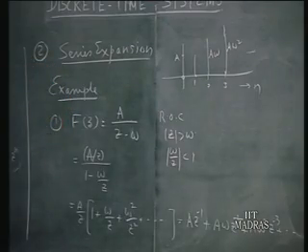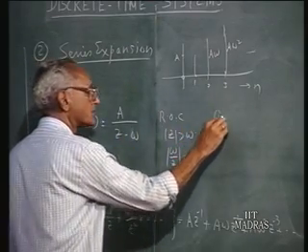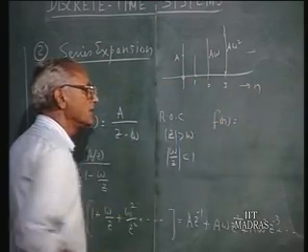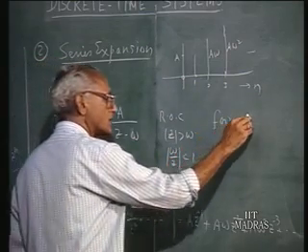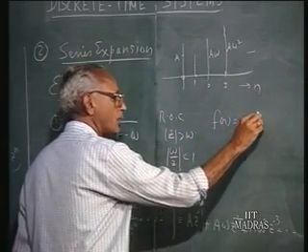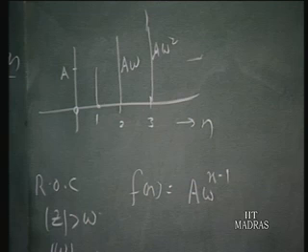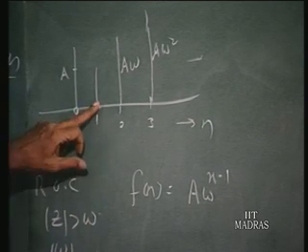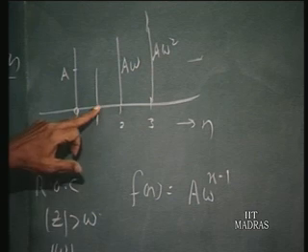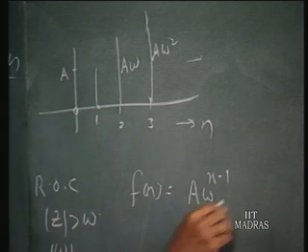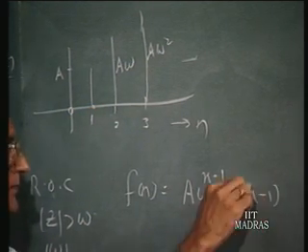So from this you can conclude that f of n, the nth sample, is a w to the power of n minus 1, and this sample sequence starts at n equals 1. It is 0 at n equals 0. Therefore, you must multiply this by u of n minus 1.